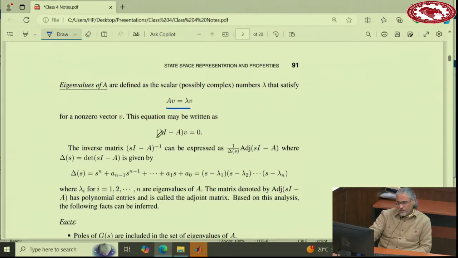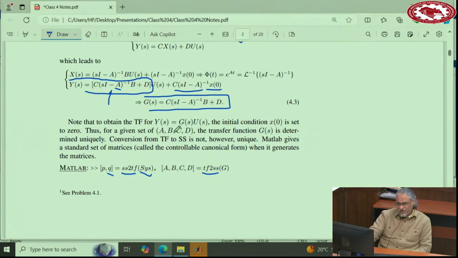So that equation becomes (lambda I minus A)v equals 0. For this equation to have a non-zero solution, the determinant of this matrix must be 0. The determinant gives you a polynomial, let's say like this, equals 0, and that gives you the eigenvalues of this system.